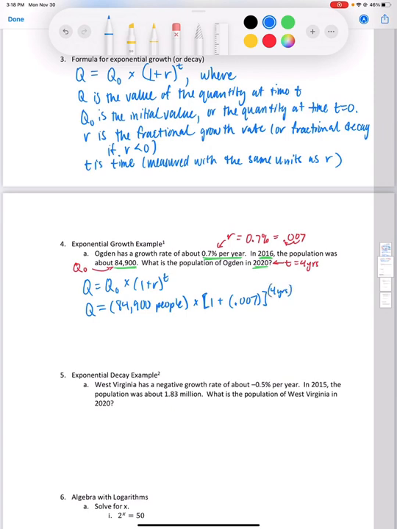Okay. Now let's go ahead and calculate this. Let's put on some more labels actually first. The quantity that I want is Ogden population in 2020. Okay, so here is our initial value.